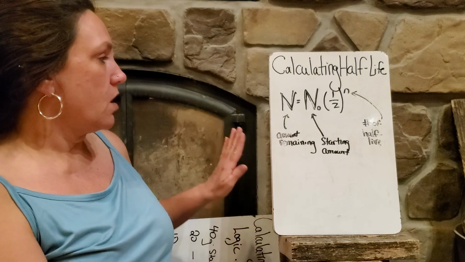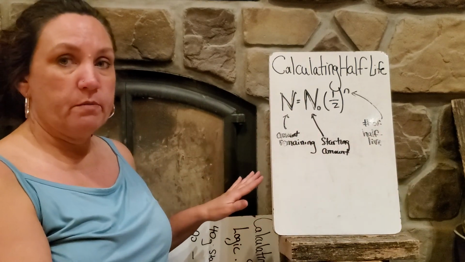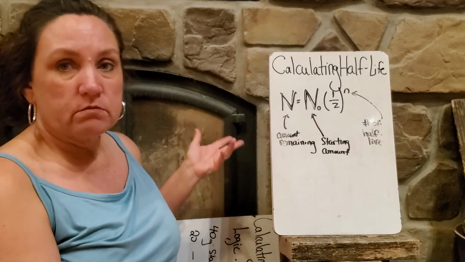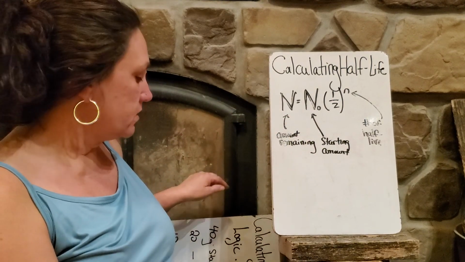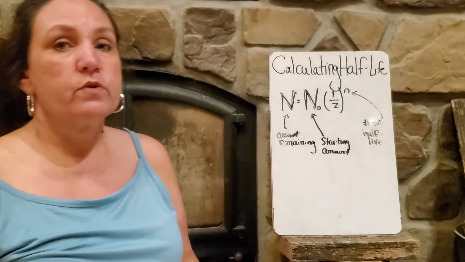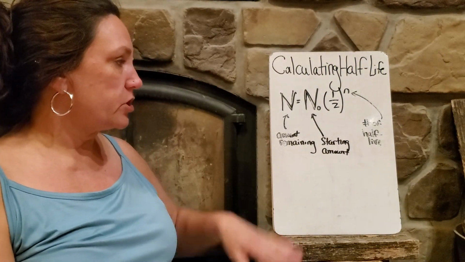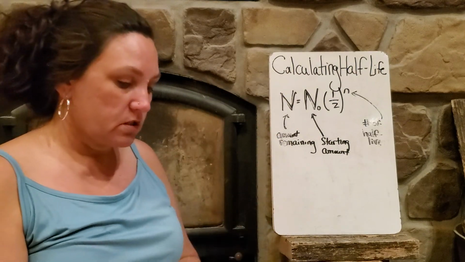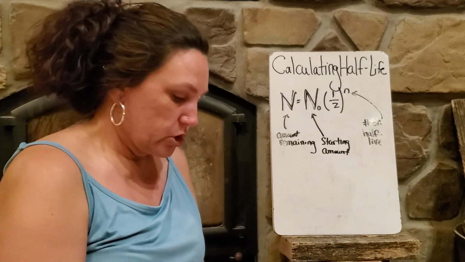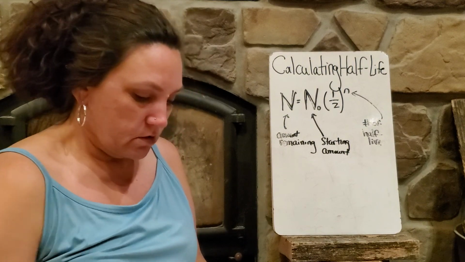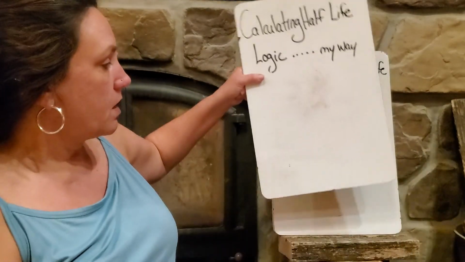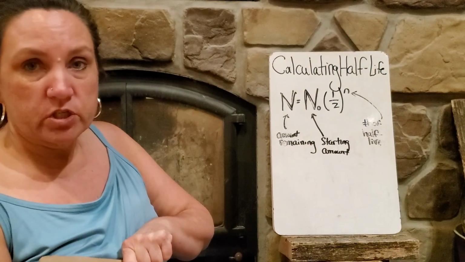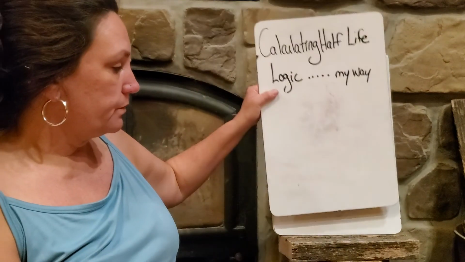So depending on what they ask you in a problem, you can have your unknown wherever and solve. I'm going to work through a couple of problems. I'm going to show you the logic way. If you would prefer to put it into the equation and solve, you can do that as well, whichever way you want to do it. So I'm going to go back to my way. You've got the equation. You can use it too.